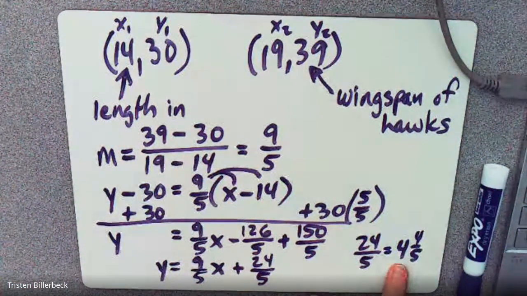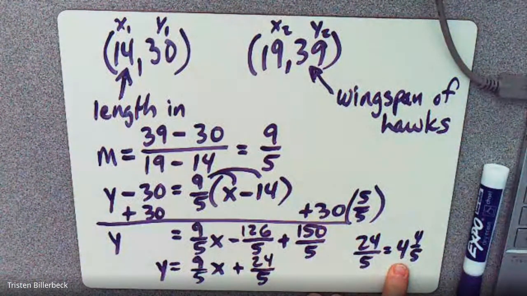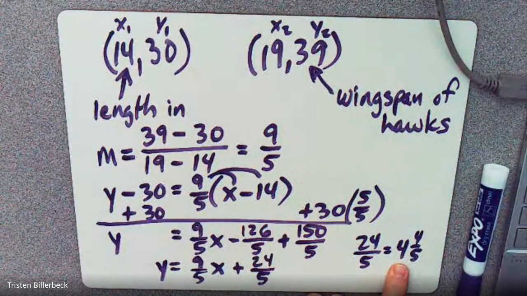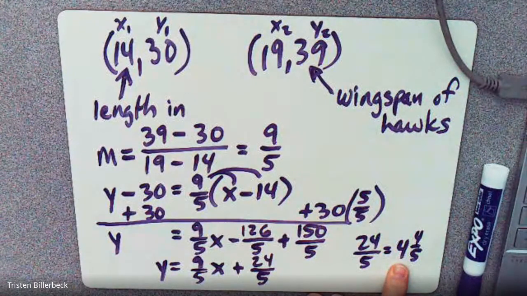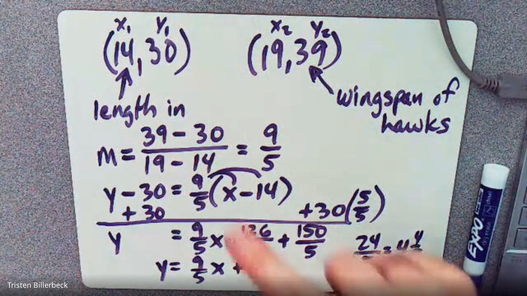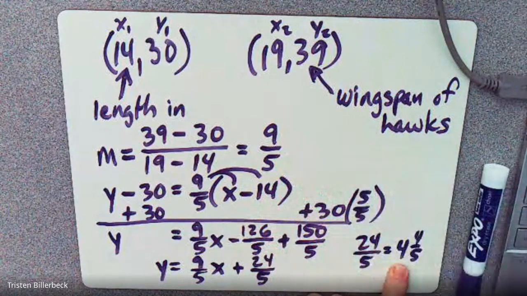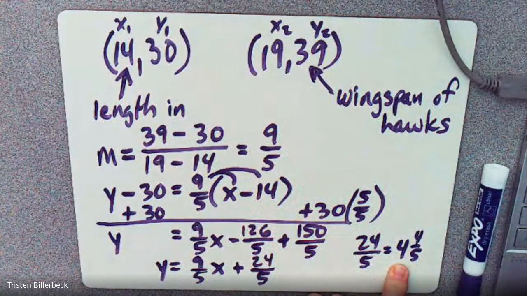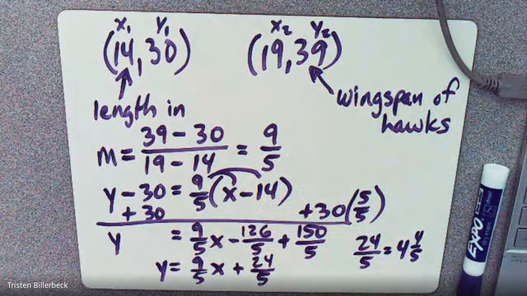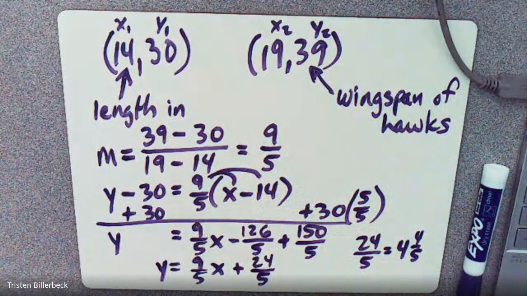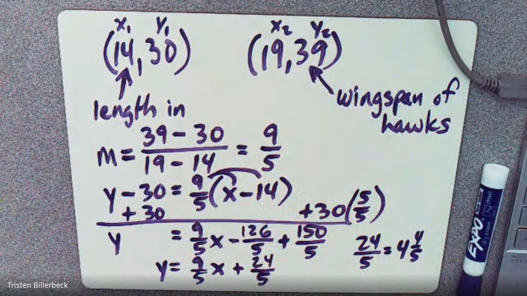So in this case, it doesn't work for the y-intercept, because if you don't have a length of a wing, you don't have a hawk to have a wingspan. So in this case, it just doesn't work. Okay, so in statistics, we always have to think about what does it really mean, and does it make sense?